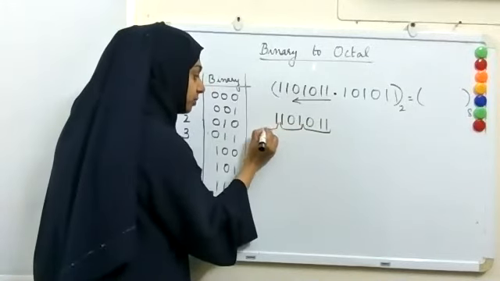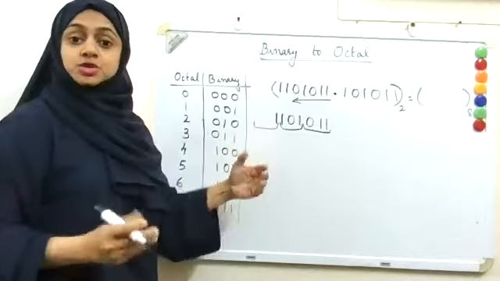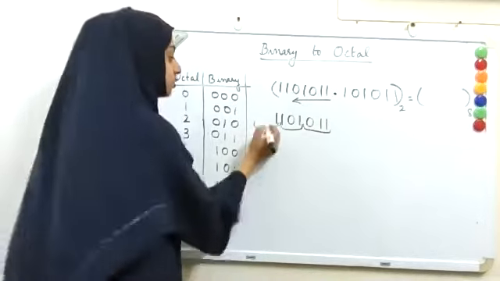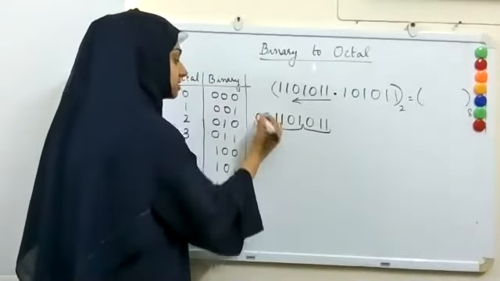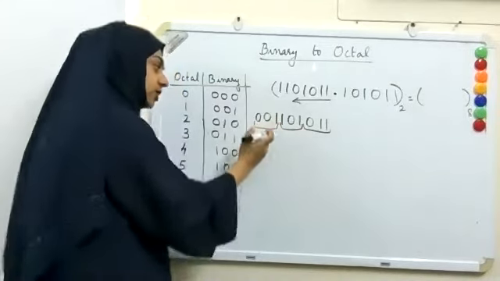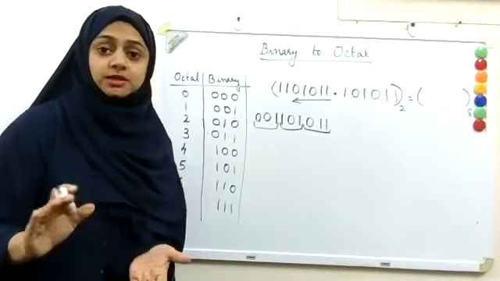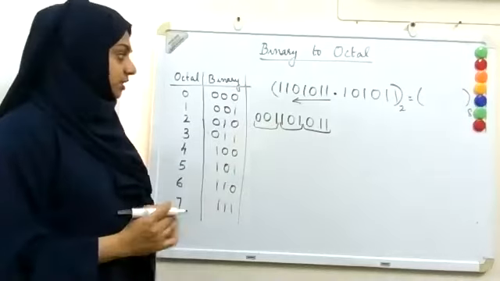Here I want to make another group of 3, but there are no digits here. So what should I do? I can just add zeros, because it won't make any difference to the total number. So I am adding 2 zeros here.